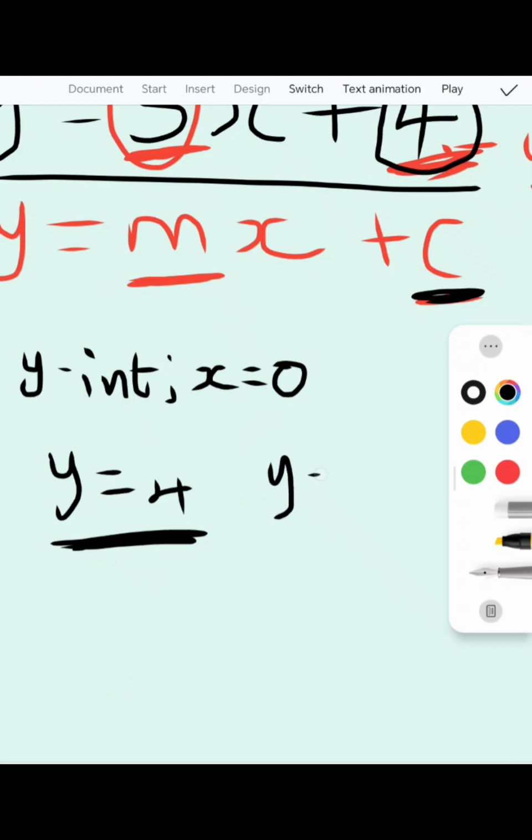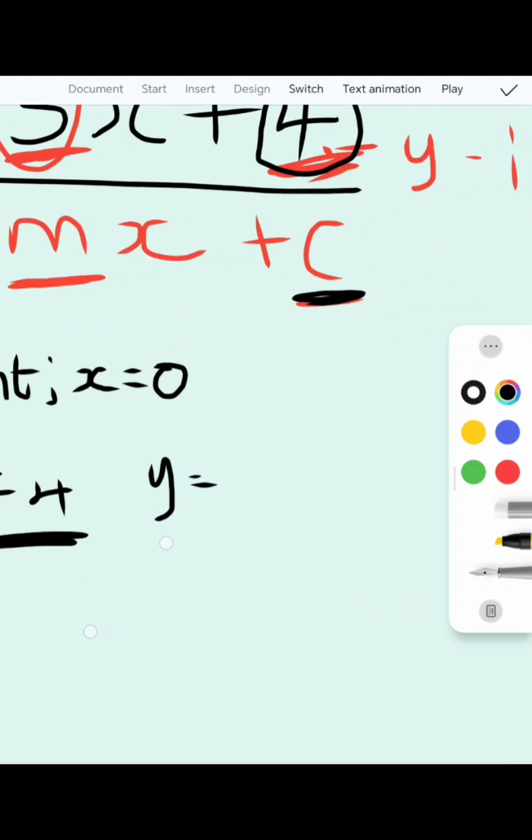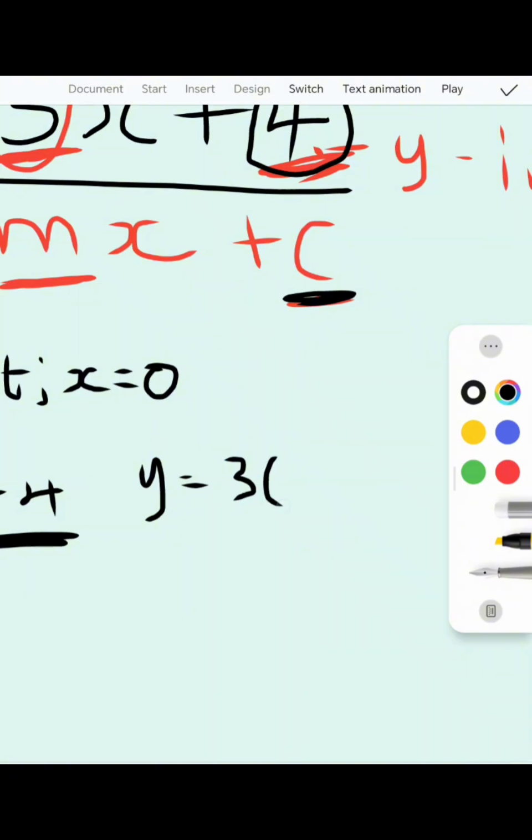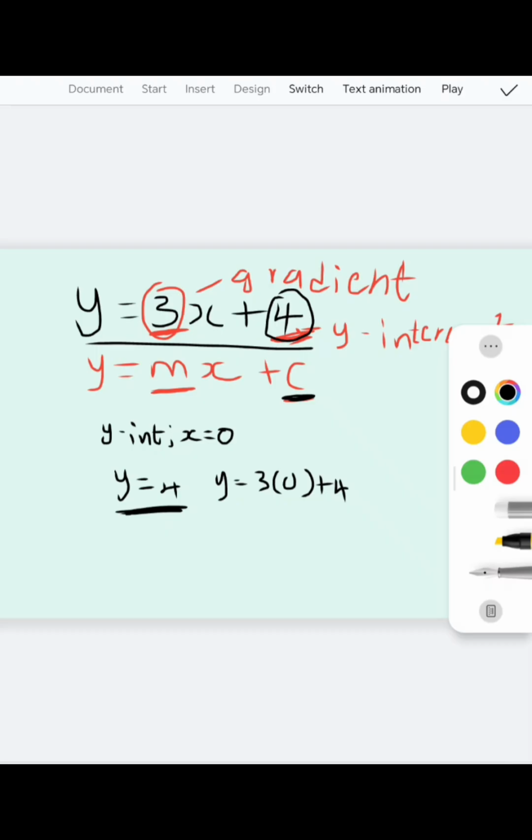When they say you must put your x to be 0, it means that in the place of x, you must put 0, and you get 4. So simply look at this. In the place of x, I put 0.